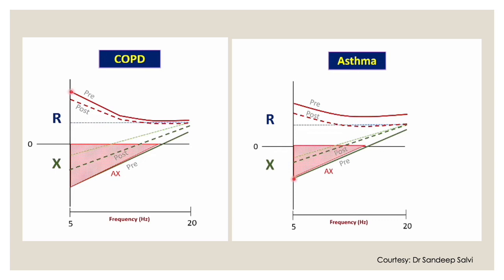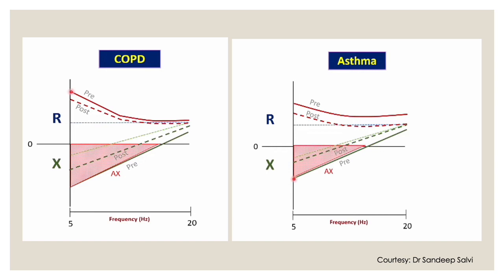But after the patient is given a bronchodilator, this significantly improves and shows a definite reduction post bronchodilator in the AX component, with some reduction as well in the resistance component. Let's look at this example from an asthmatic patient, and you see that the R5 here also is high, the R20 is also high, and the R5 minus 20 is also high, along with a change in the AX, a change in the resonant frequency and the reactance.